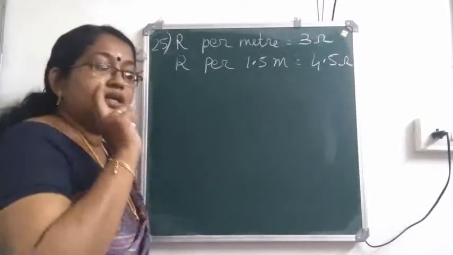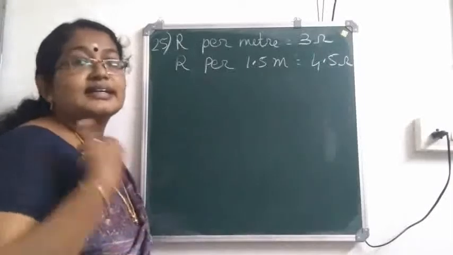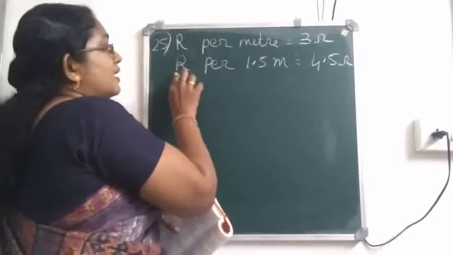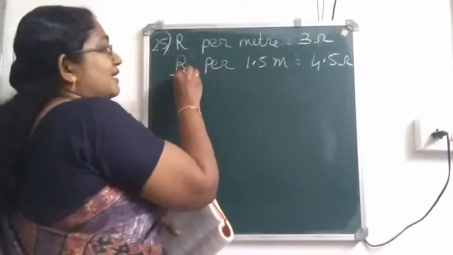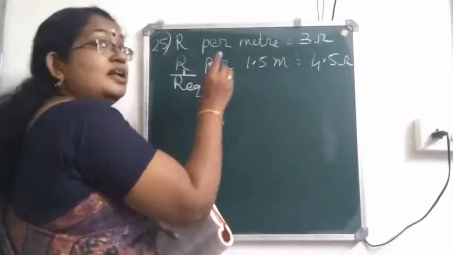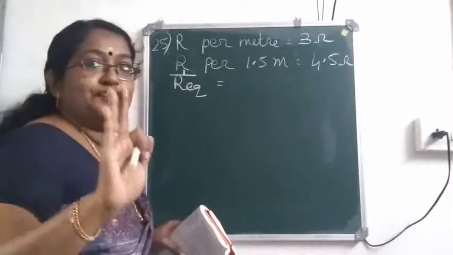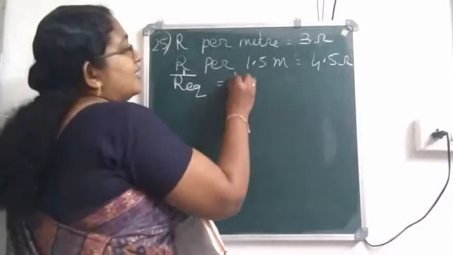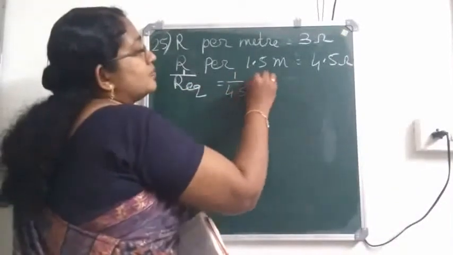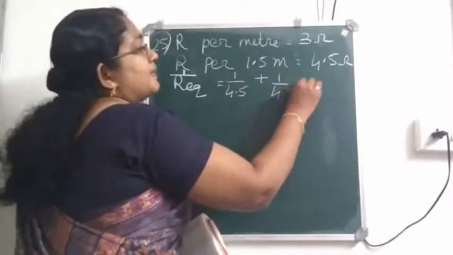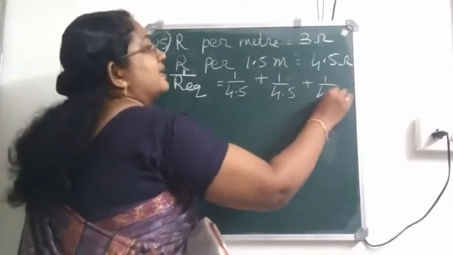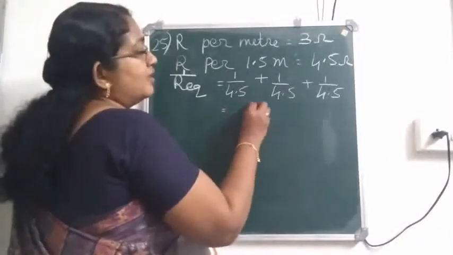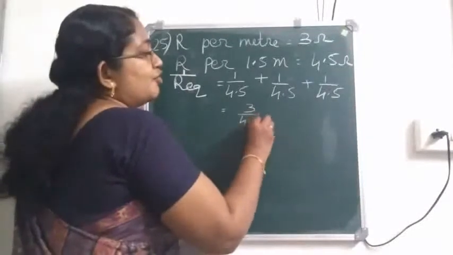Now we are having 3 such wires which are connected in parallel. So what about the total resistance? Okay, so here, since it is parallel connection and since we are having 3 different resistors, we have to use the standard equation. 1 by R equivalent is equal to 1 by 4.5 plus 1 by 4.5 plus 1 by 4.5. Okay, so this will be 3 by 4.5.